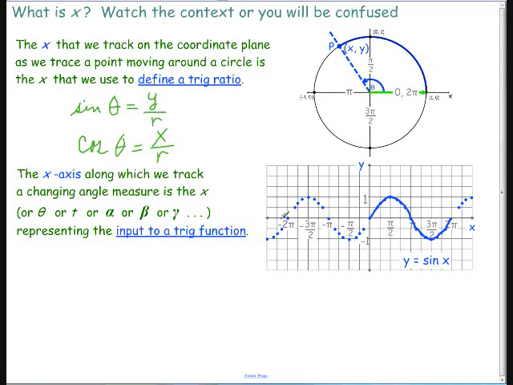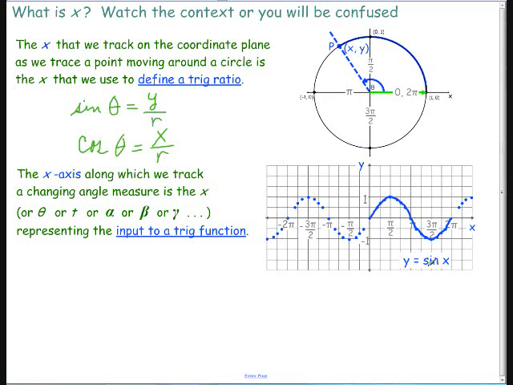So if we are tracking the angle measure itself here, we are going to see the rotation looking like this. Starts at 0. Gee, I should have 2 pointers, shouldn't I? Starts at 0, goes to 90 degrees, okay? From 90 degrees goes to 180.